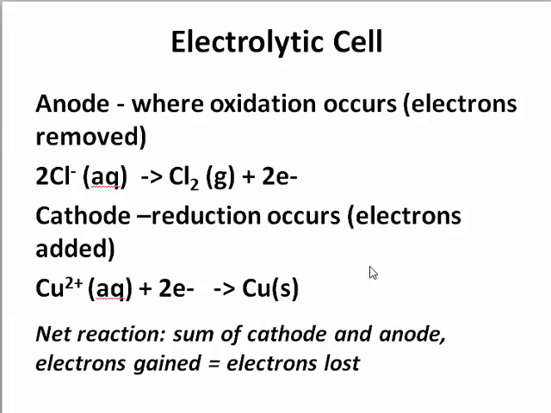The redox half reactions that make up this redox reaction occur at different electrodes of the electrolytic cell. Notice this equation is already balanced for us to add these half reactions together. The electrons lost here and the electrons gained here are the same. And of course, you know electrons gained must equal electrons lost.